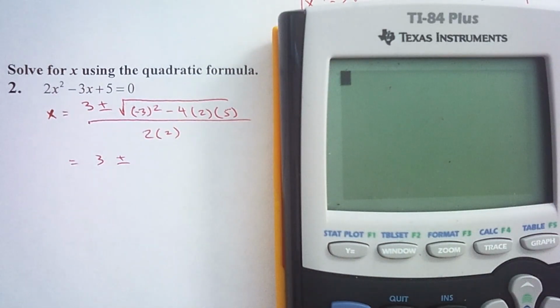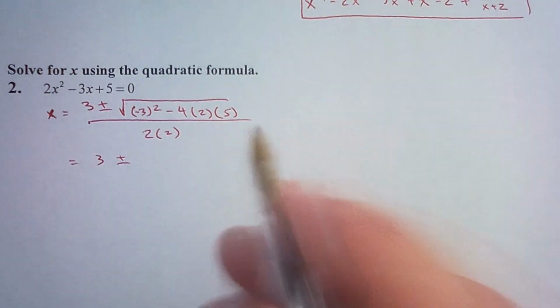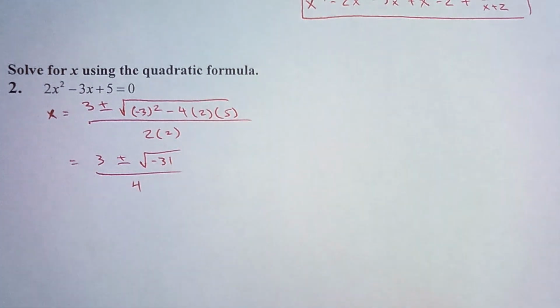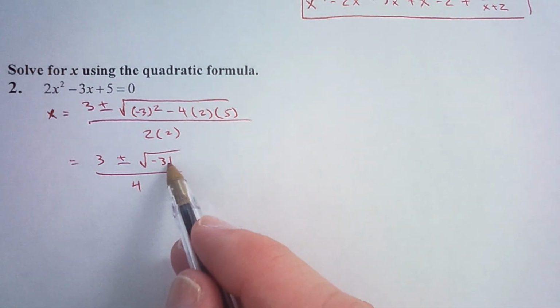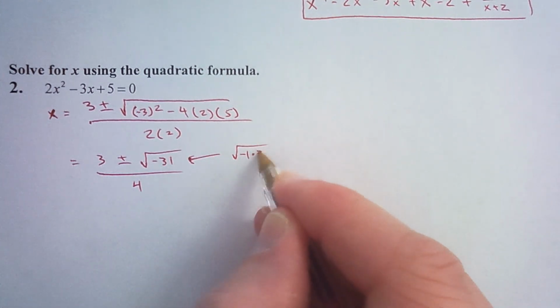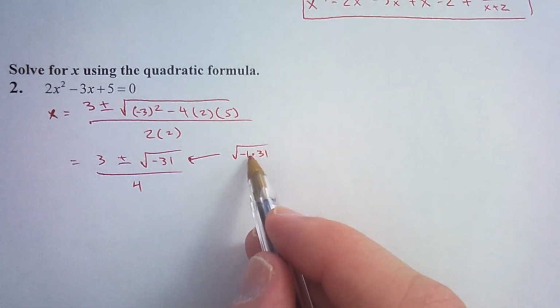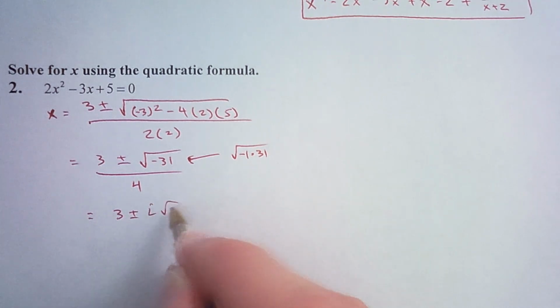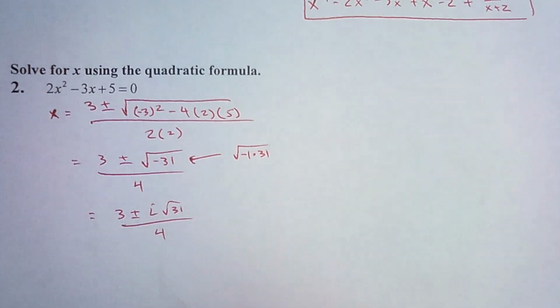So I have negative 3 squared, which is 9, minus 4 times 2 times 5. So I have negative 31. So the square root of negative 31 all over 4. Now there are no square numbers that go into 31, but this is the same as the square root of negative 1 times 31, and the square root of negative 1 is i. So I have 3 plus or minus i times the square root of 31 over 4.